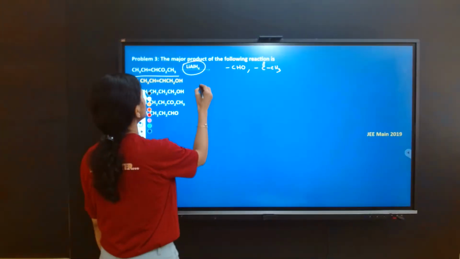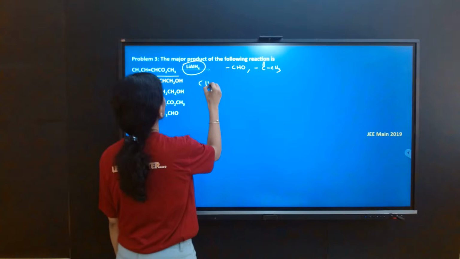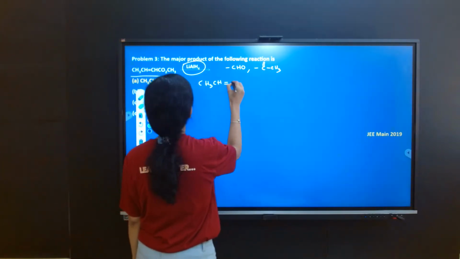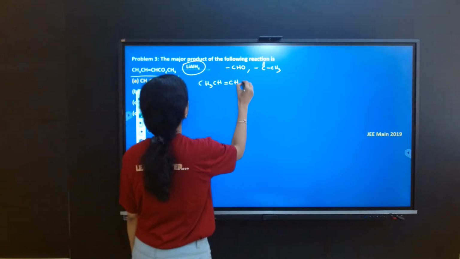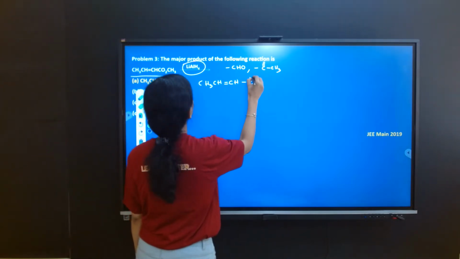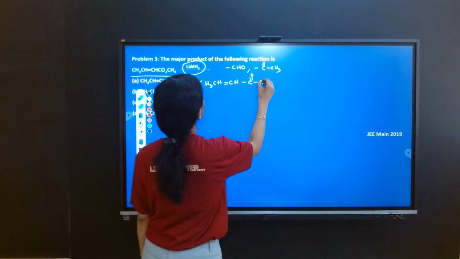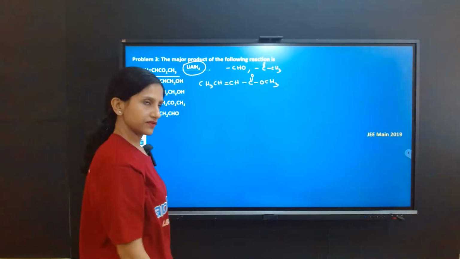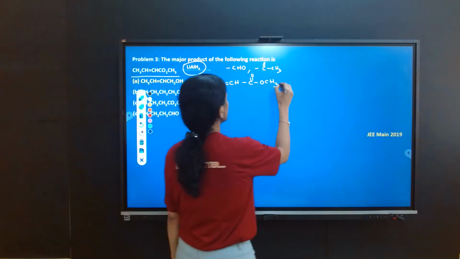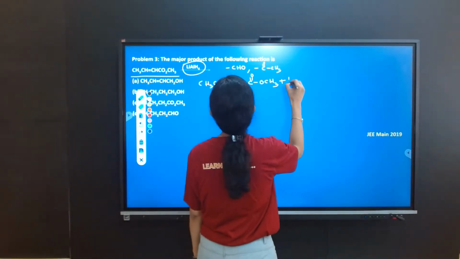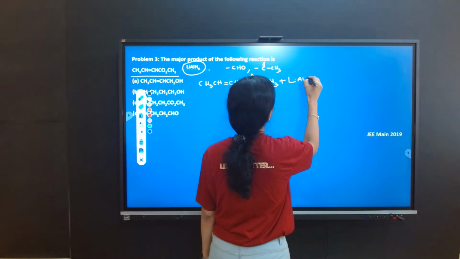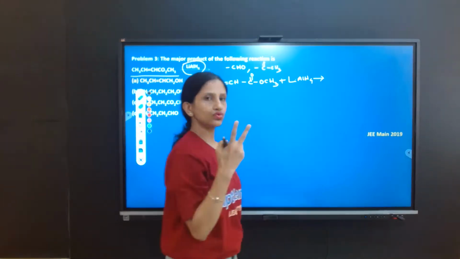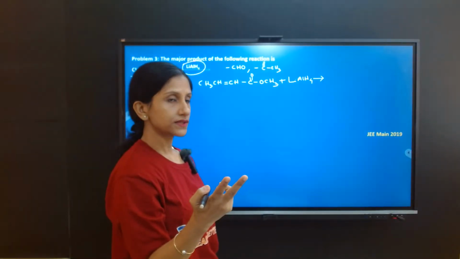So we can write down the structure of the given compound in the following manner: CH3CH=CH-C(=O)-OCH3. This is an ester. Now if it is reacting with lithium aluminum hydride, it will result in two different alcohols.